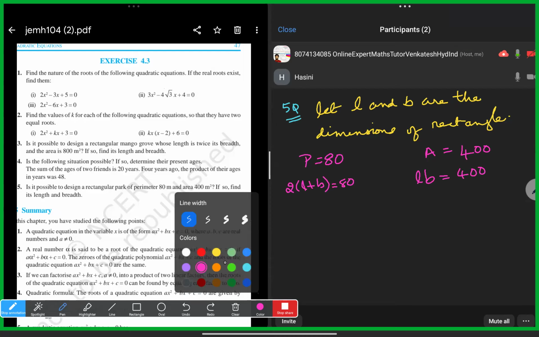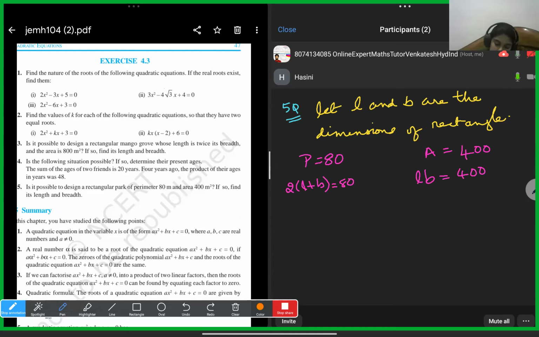Now they didn't give any of the values, length or breadth. So first, from this, L plus B is equal to 80 by 2, which is 40, because 2 is multiplied, it will go to the right side. So from this I can separate either B or L.